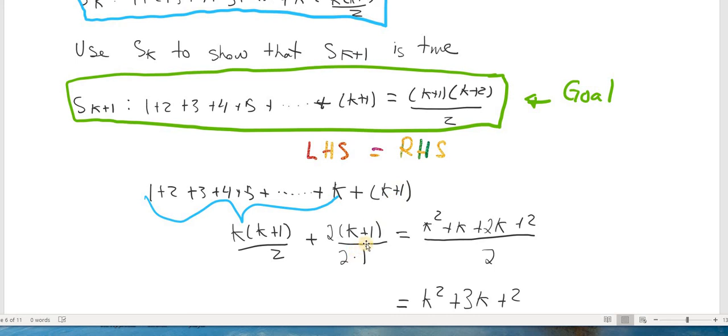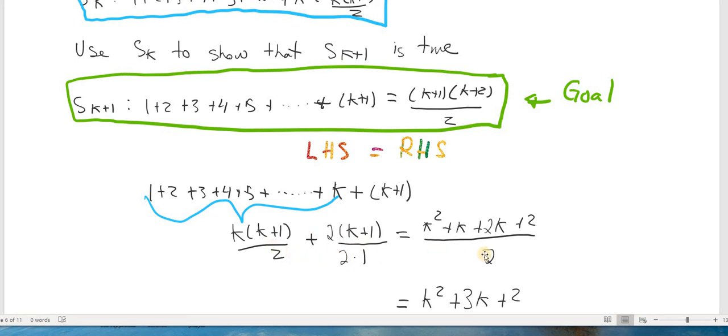And remember that my goal is to get the right-hand side, (k plus 1)(k plus 2) over 2. Well, if that's my goal, that means I need a fraction. This was a fraction from the formula. This wasn't a fraction, so I made it into a fraction. How? Putting it over 1. But the common denominator is going to be 2, so you multiply by 2 over 2.